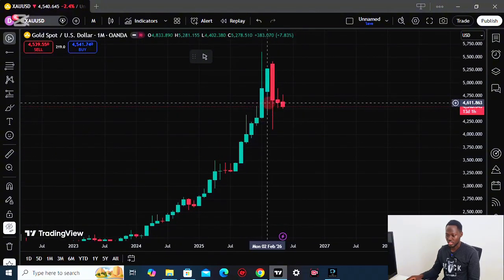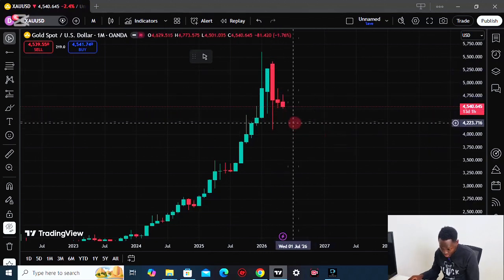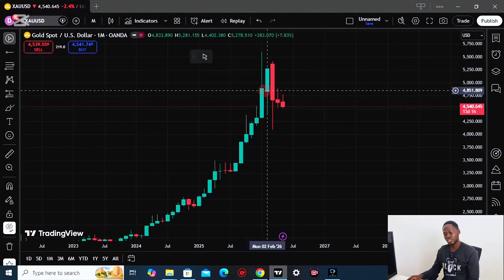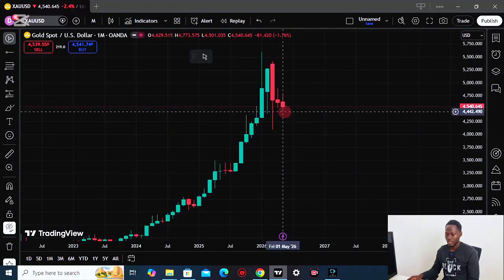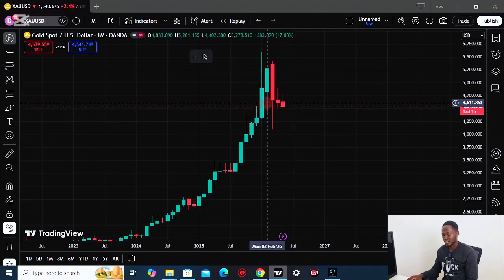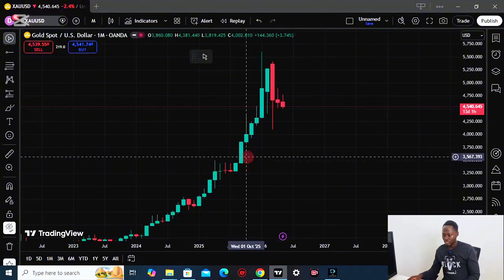Gold is on an uptrend since 2024. Gold has been shooting to the upside, but coming to 2026 in March, gold gave us its first red candle, meaning its first bearish candle.